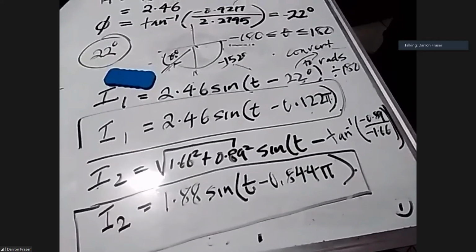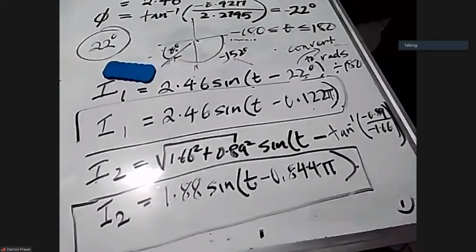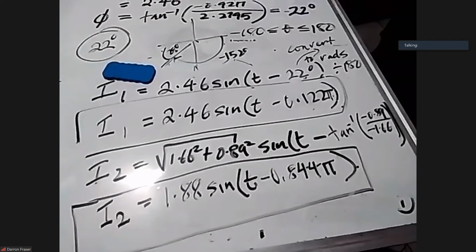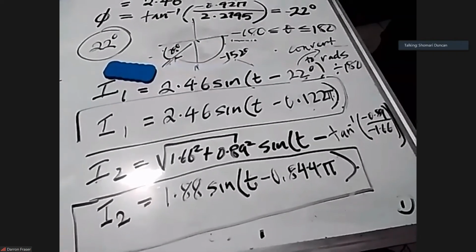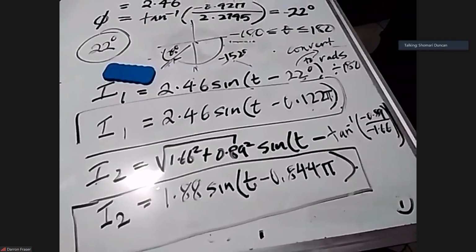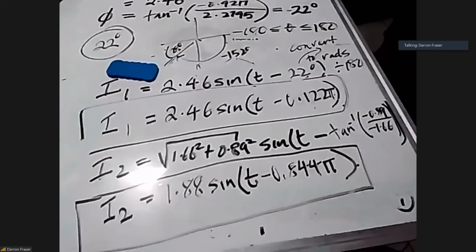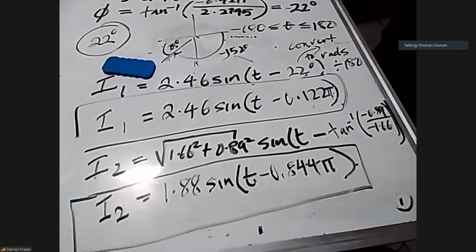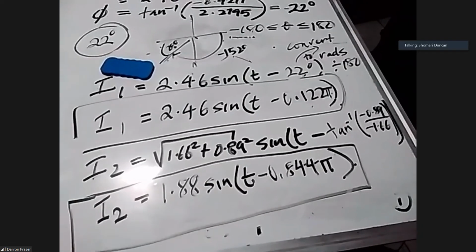Or you get 0.49. So from tan inverse of the 0.89 over 1.66, we get 0.49 from there.